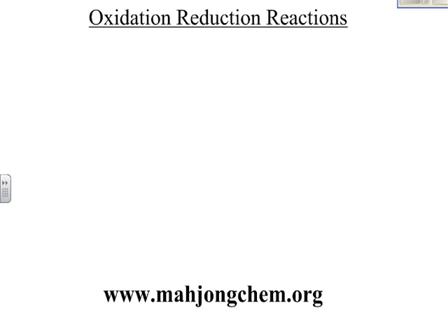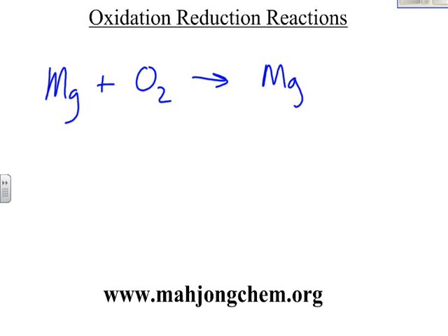The other thing about that equation, I'm going to rewrite it up here, is it can also be classified as an oxidation-reduction reaction. Most synthesis, decomposition, combustion, and single replacement reactions can be classified as oxidation-reduction reactions.